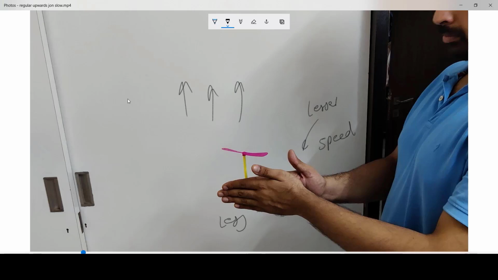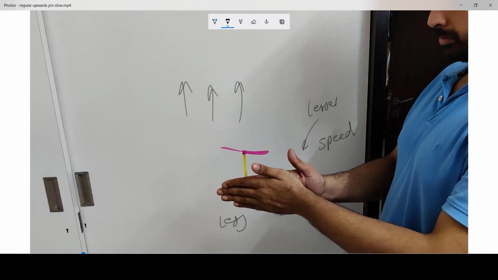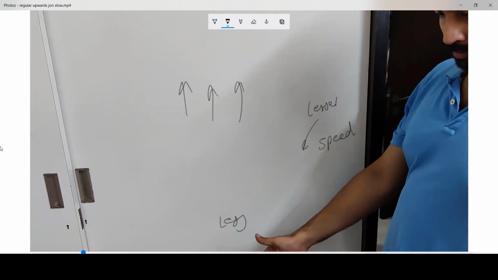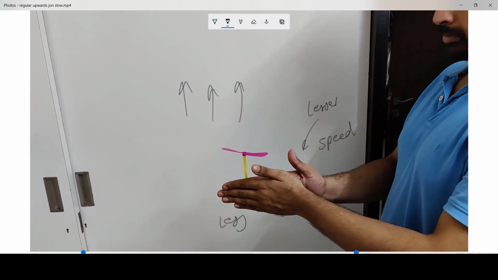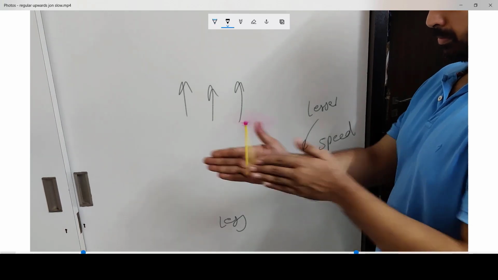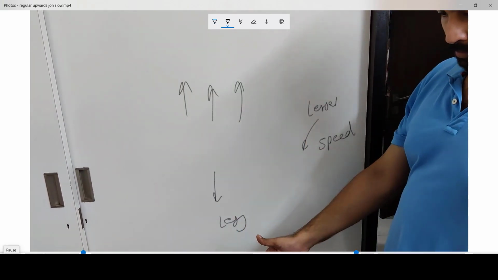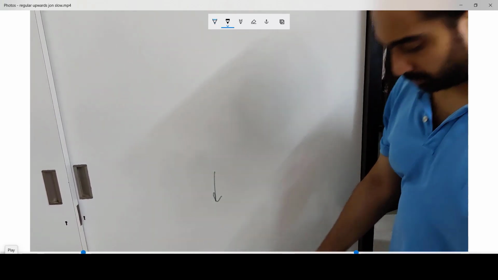Let's take a look. So you see here that the propeller went up with a much lower speed. Let me play that again for you. You can see multiple times that the propeller did not go as high as the last time.